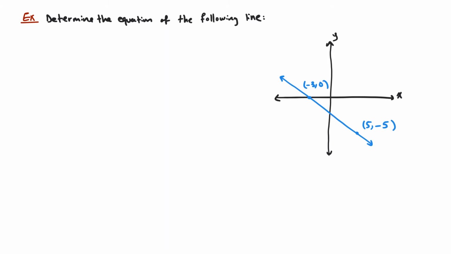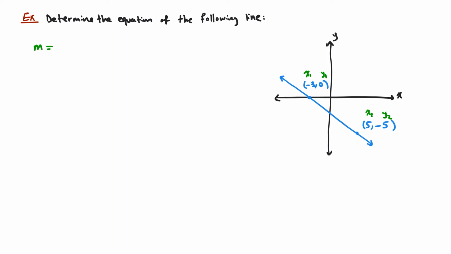Alright, so in this one over here, we can see that we have 2 points. So I will label the points as x1, y1, and x2, y2. So first step is to find the slope.